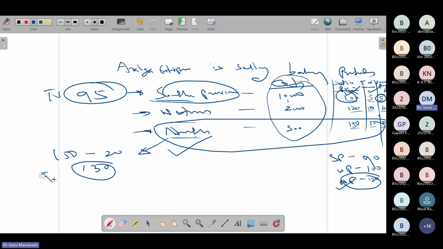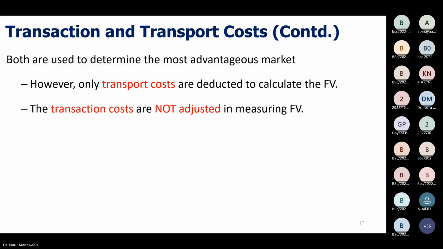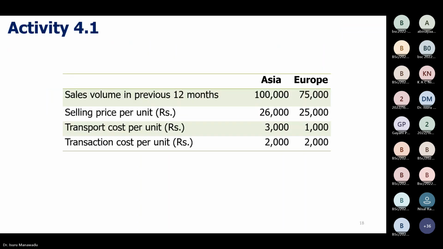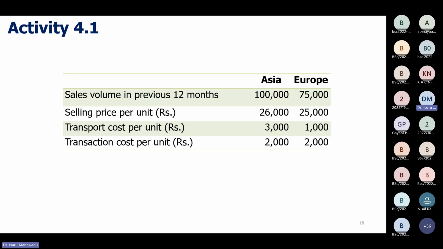So this is the fair value of the asset, the fair value of the bond. Is that clear? Yes, sir. Right, okay.